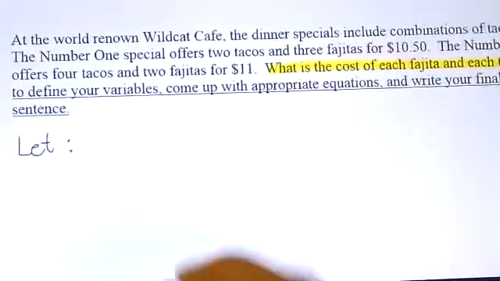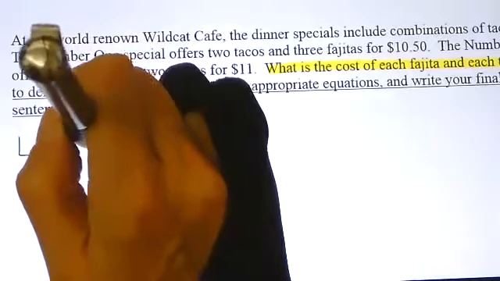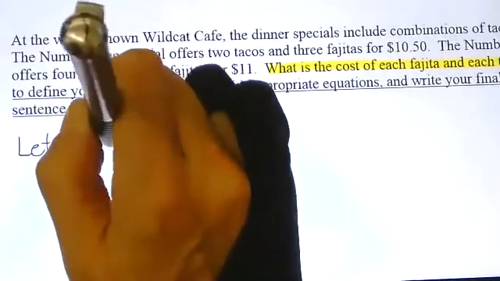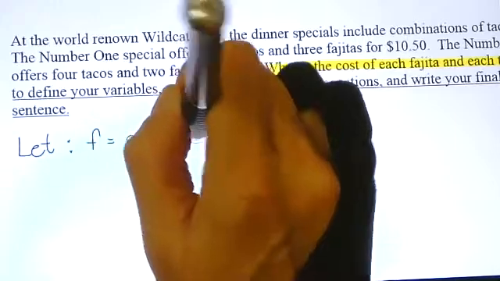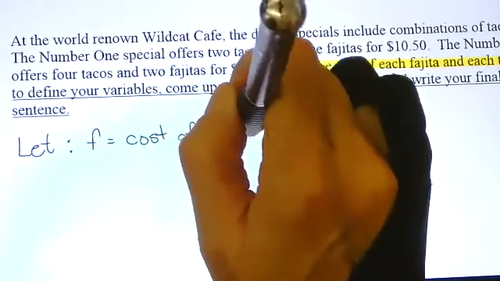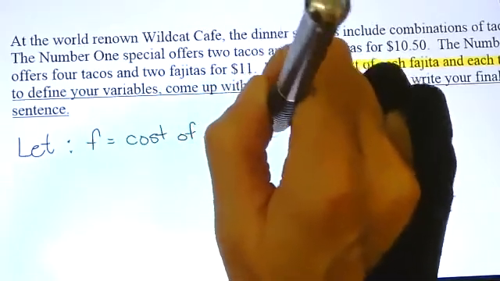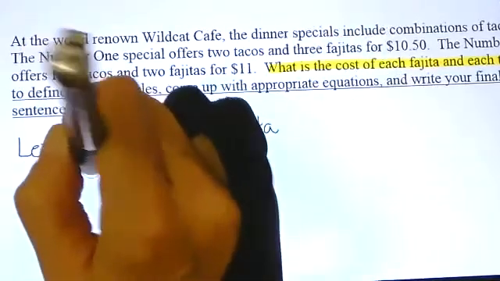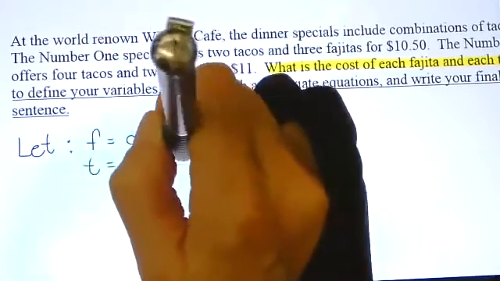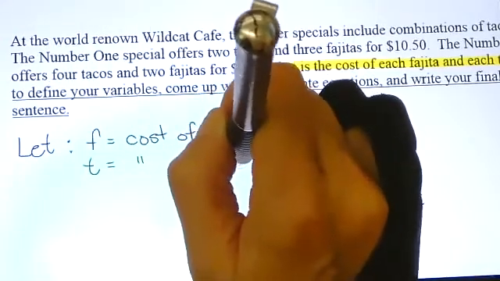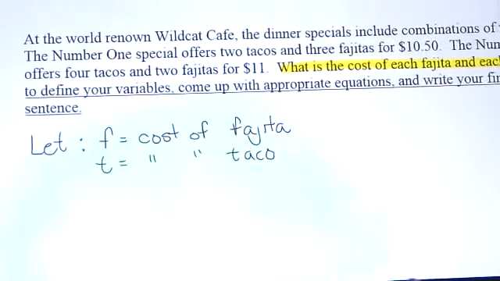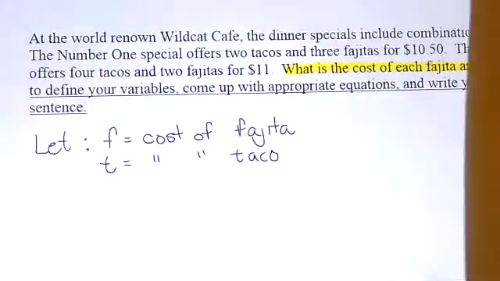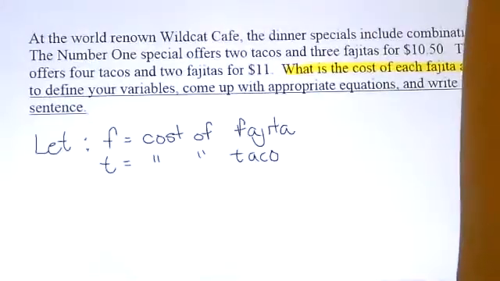So let's go ahead and say F, because fajita starts with F, equals the cost of a fajita. And then T would be the cost of a taco. Notice that when I define my variables, I am defining them exactly what they represent.